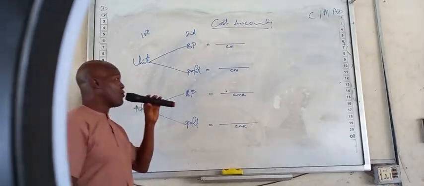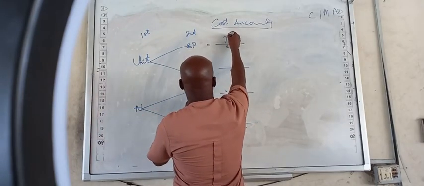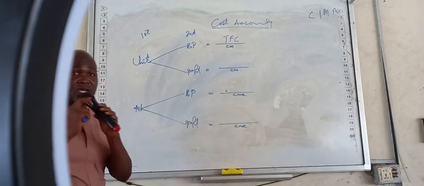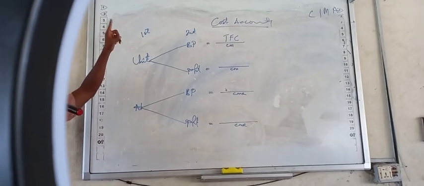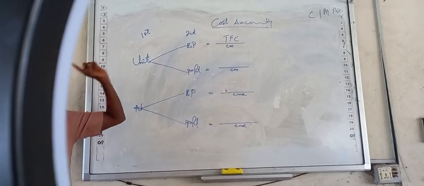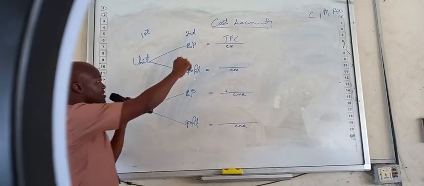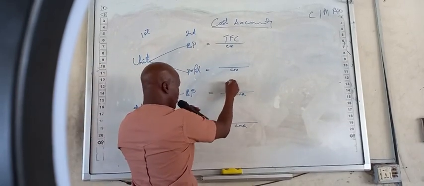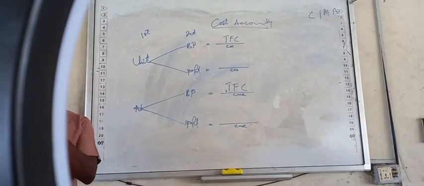So anytime I want to break even, the numerator here will be TFC, total fixed cost. Either it is units to break even or naira to break even, it's always TFC.